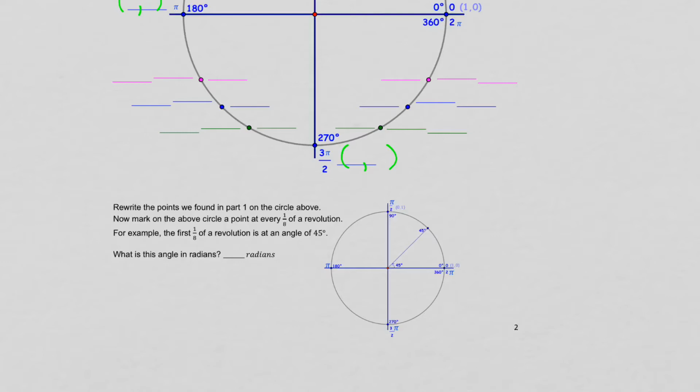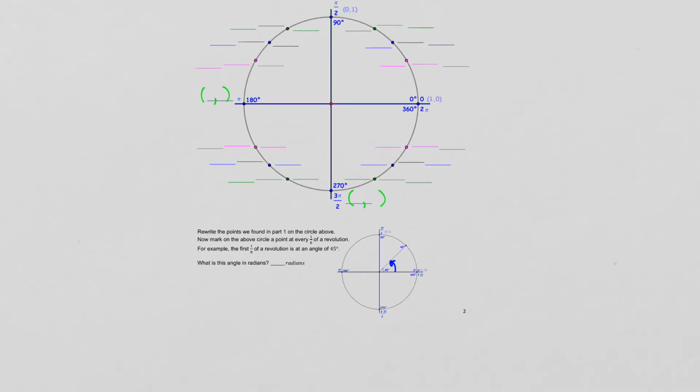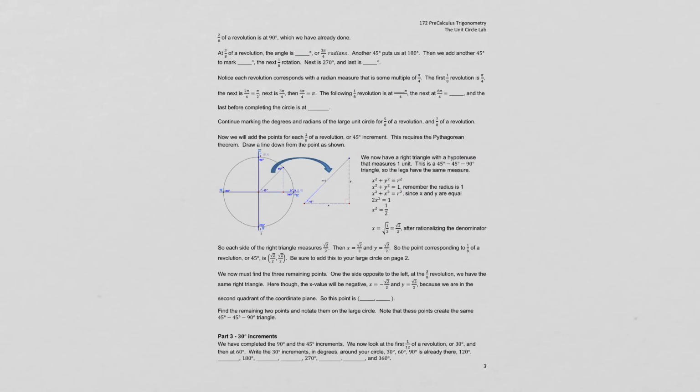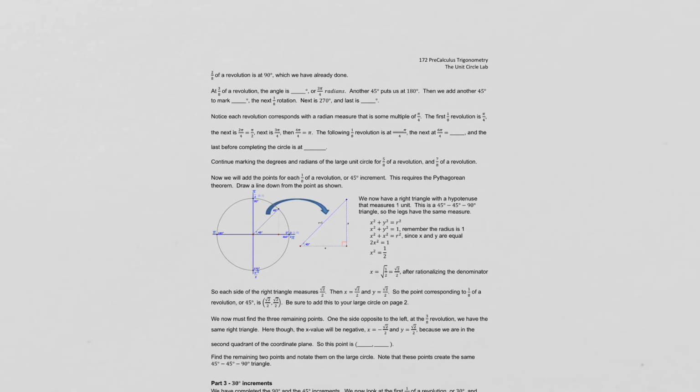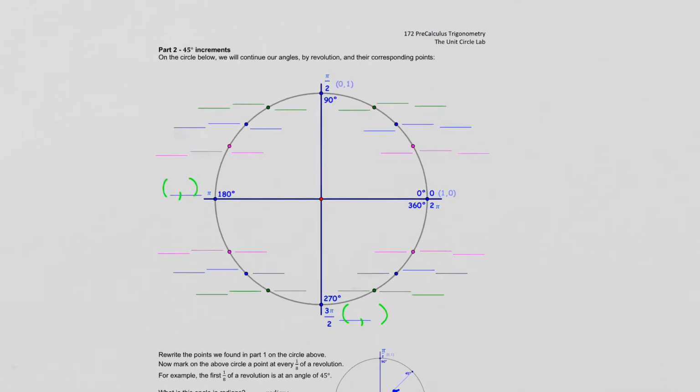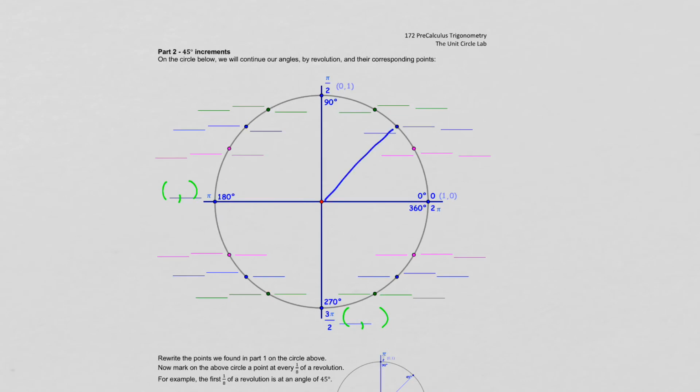What is this angle, 45 degrees, in radians? So you'll plug that in there. And that's something you should be able to figure out from your notes. 2/8 of a revolution is already done. You can see 1/8 was here, 2/8 was pi over 2. So that's already done. So we're going to go to 3/8 of a revolution.